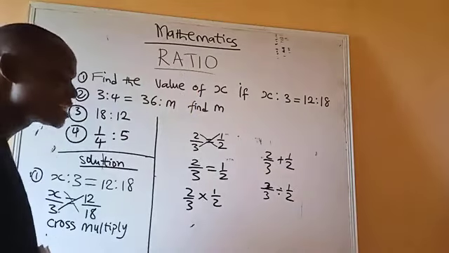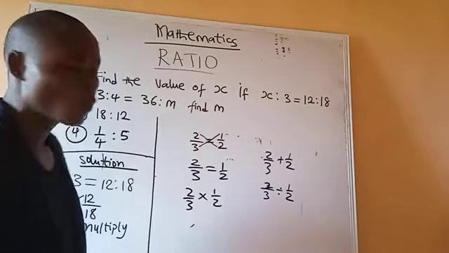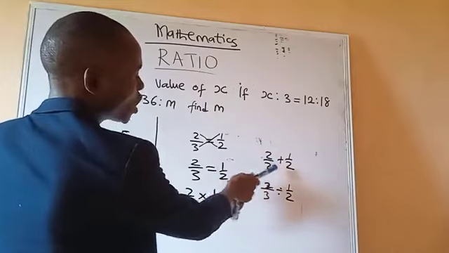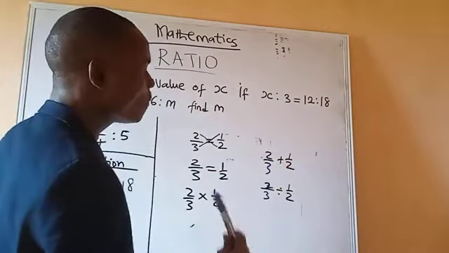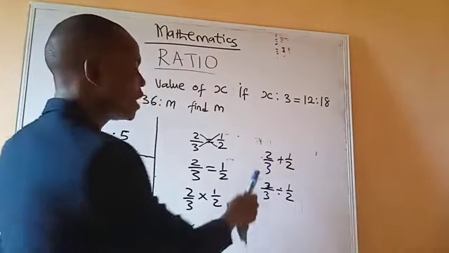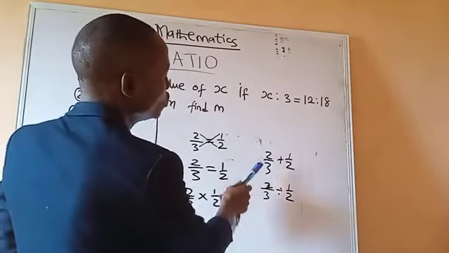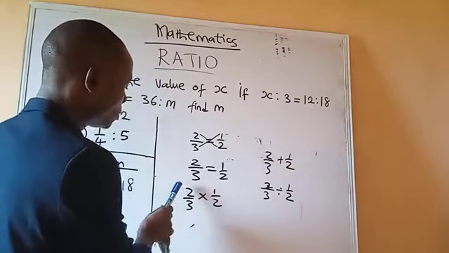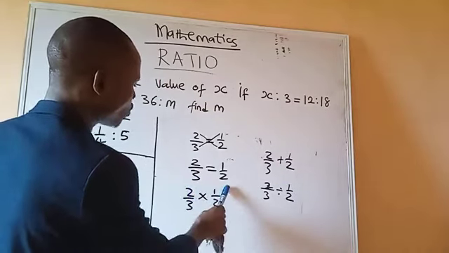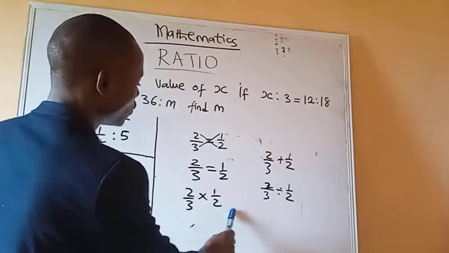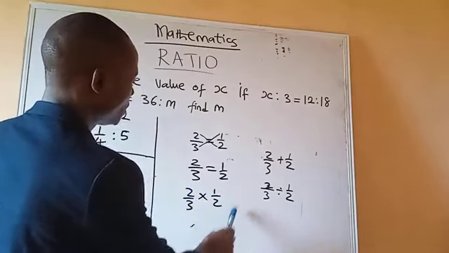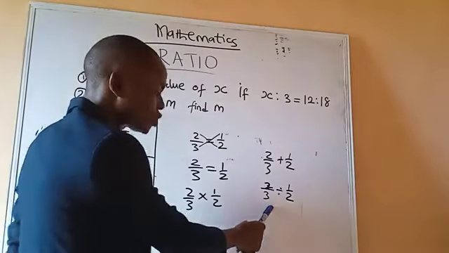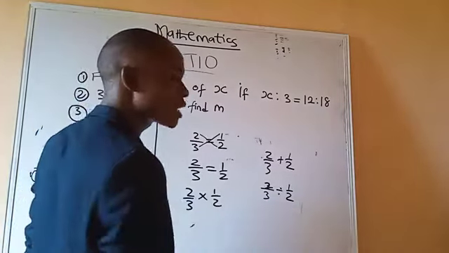These are different questions entirely. Here is addition of fraction. Because of this plus, you should know that the first thing to do is to look for your LCM. If it is minus, you look for your LCM. But this one, if it is times, you multiply straight. 2 times 1, 2. 3 times 2, 6. It will be 2 over 6. Do you understand? Then if it is division, I told you do what? You reciprocate.